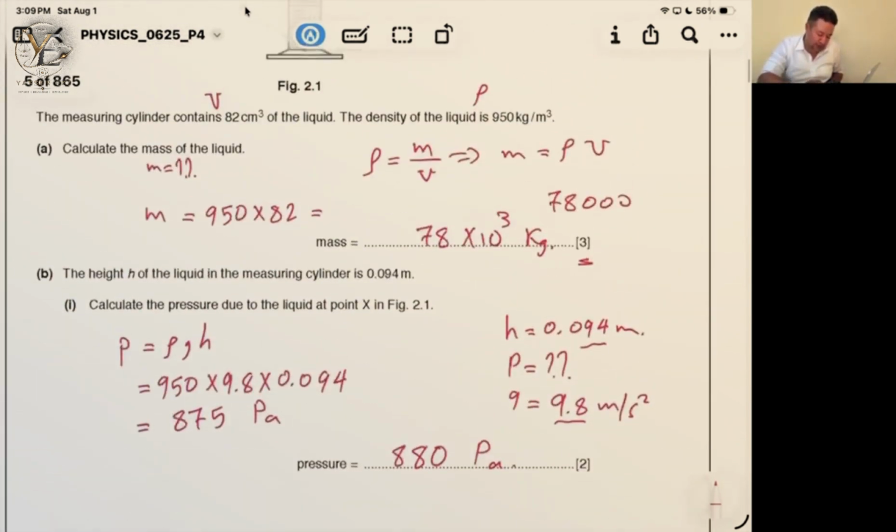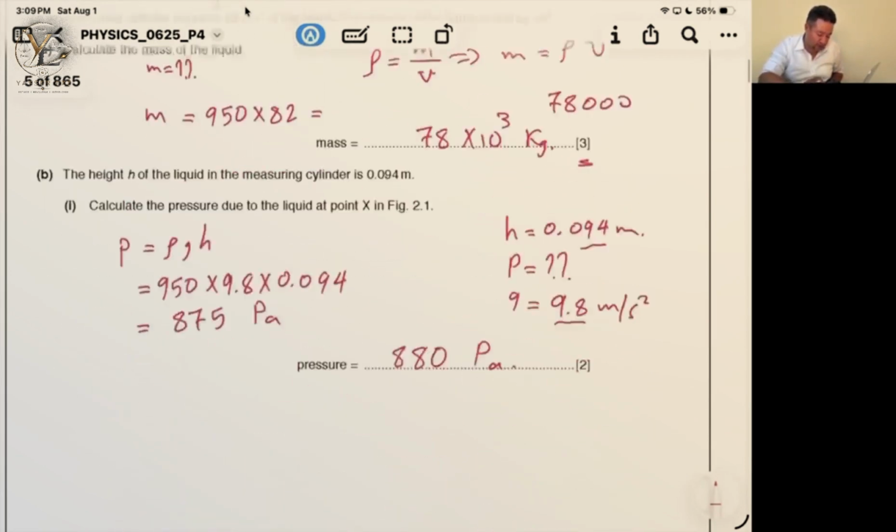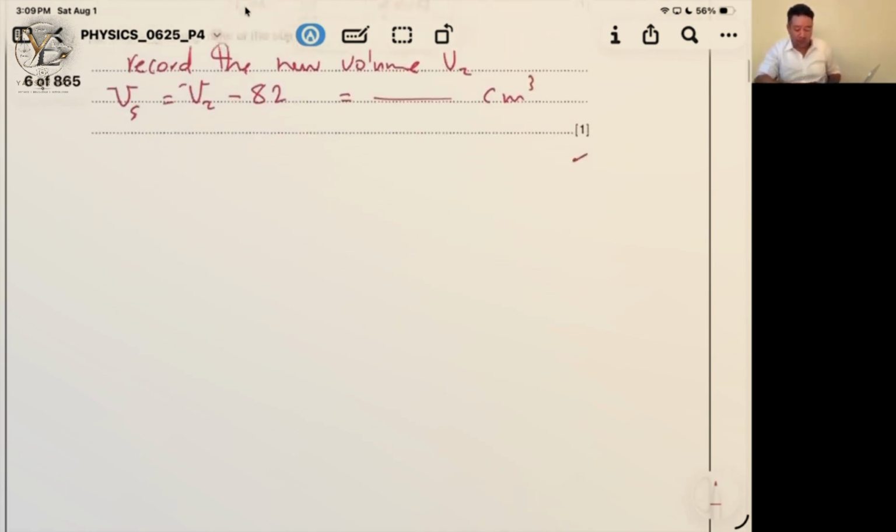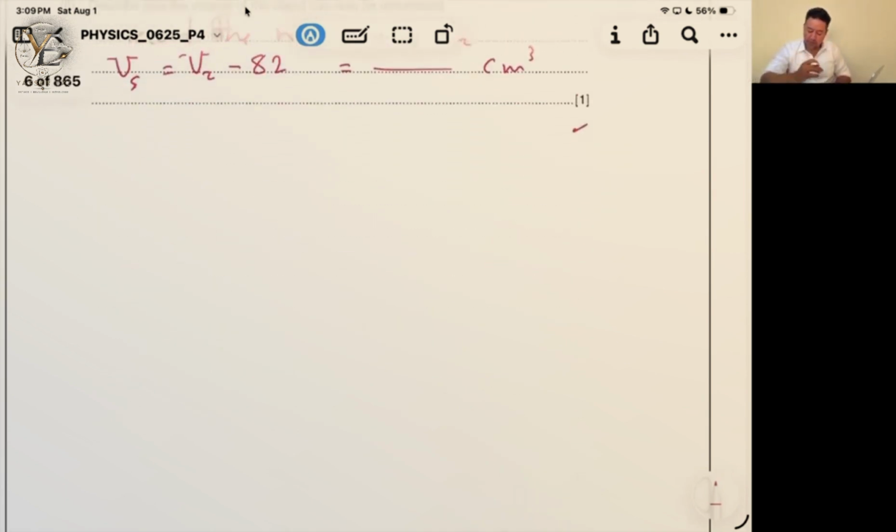V1 was 82. So V2 minus 82 will give us the volume of the steel, and of course, it will be in centimeter cubed. That's it. Let's go to question number 5.